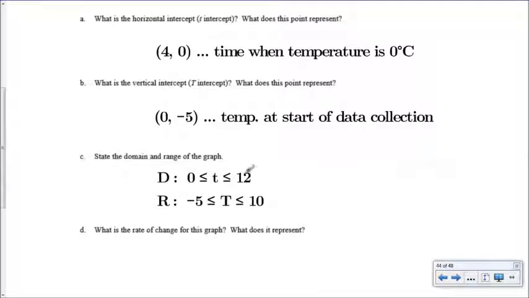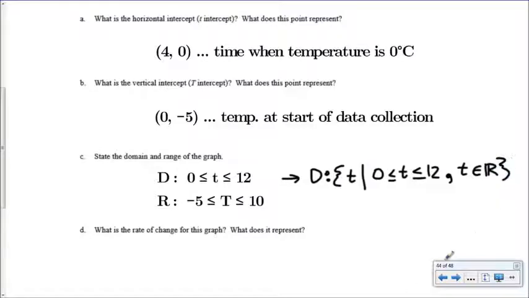And so, for example, this one, you would have all t such that t is between 0 and 12. And I guess if you really wanted to get specific, you could say that t is an element of real numbers. Okay, and then similarly, you just have kind of the same format for the other one, if you want.